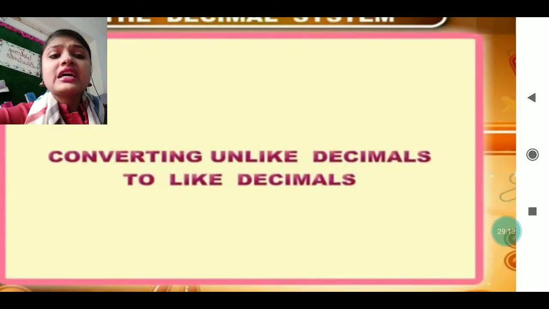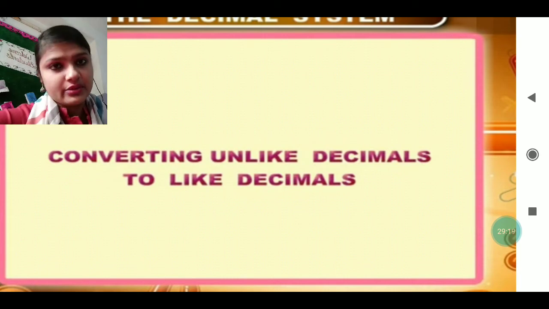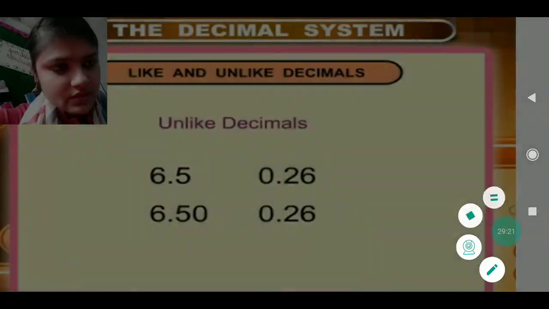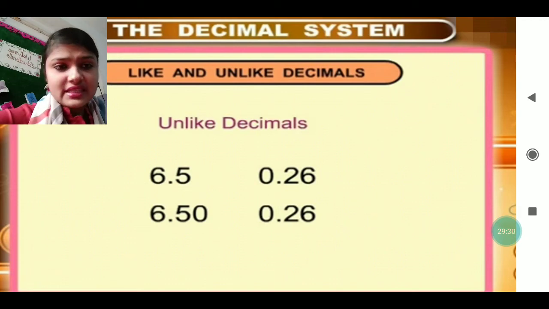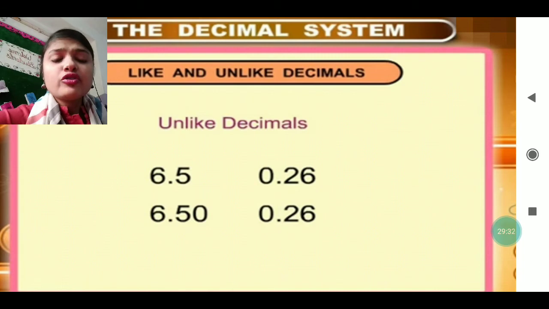In the same way, how will we convert unlike decimals to like decimals? Nothing much to do. 6.5 is there, and 0.26 is there. You have to make them equal. So 6.5 we have to make equal in places to 0.26.